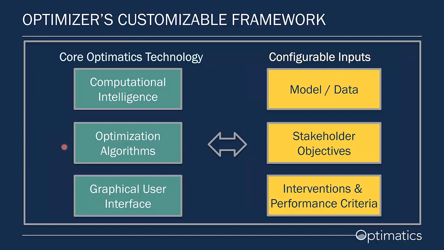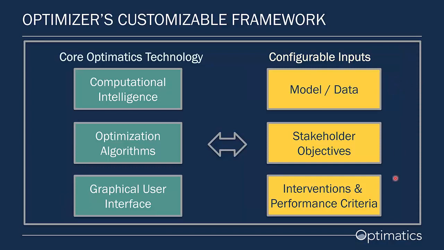So these algorithms are very well trained to quickly and efficiently solve these kinds of problems and come up with optimal strategies quickly. And finally, the graphical user interface. I'll give you a brief overview of that in some later slides, but you'll see the interface makes it quite simple to define this optimization problem.